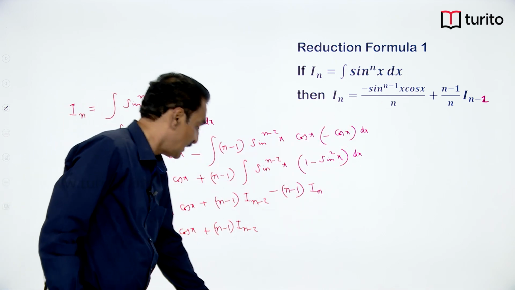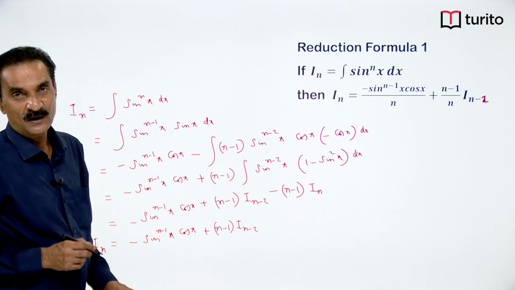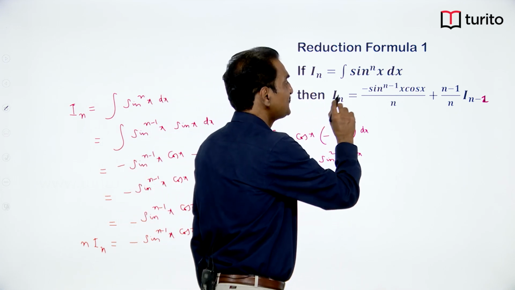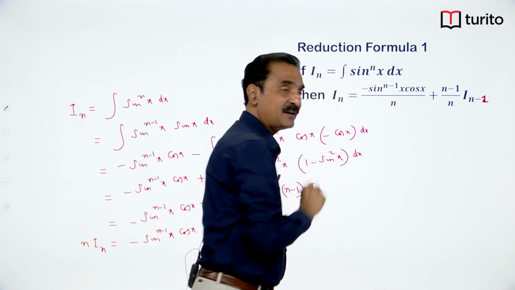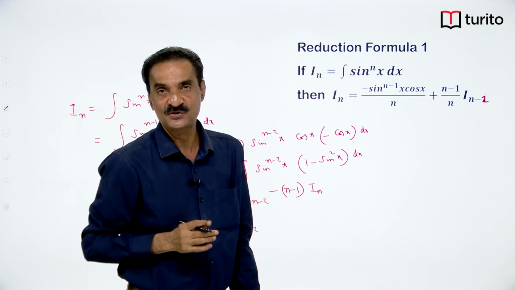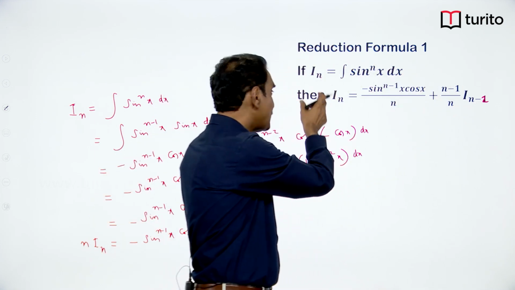Okay. Now, let us solve one question by applying this formula. See, in this method, by applying this formula, In will be reduced to In-2. So, n gets reduced to n minus 2. Again, for In-2, apply the same formula.